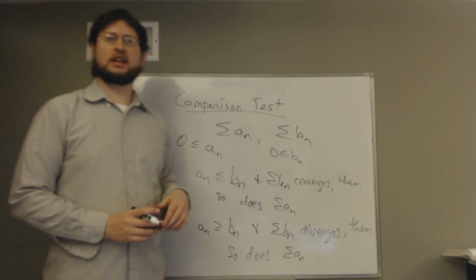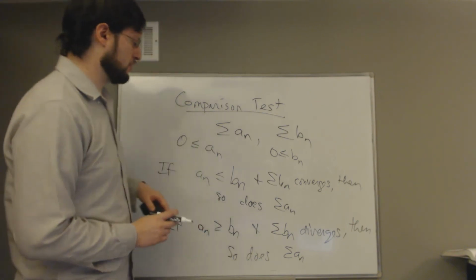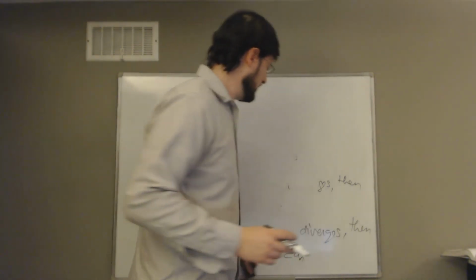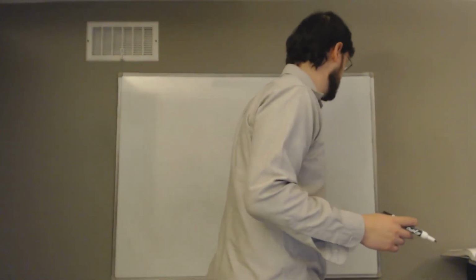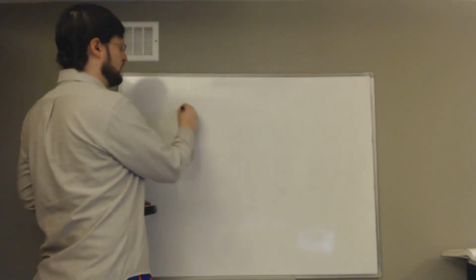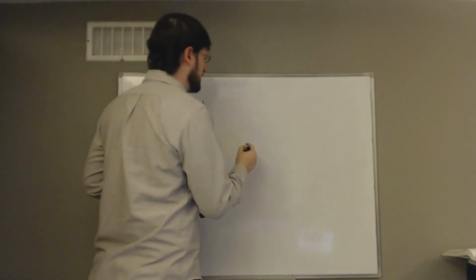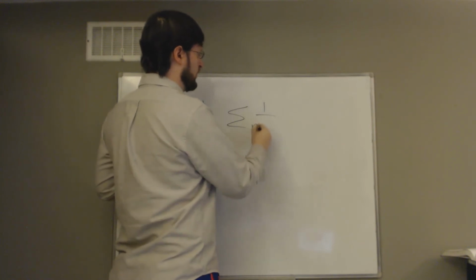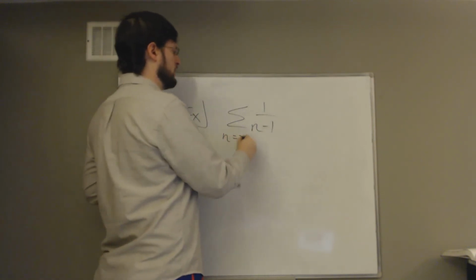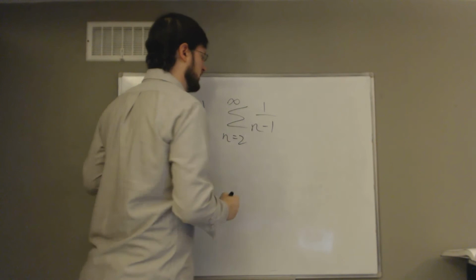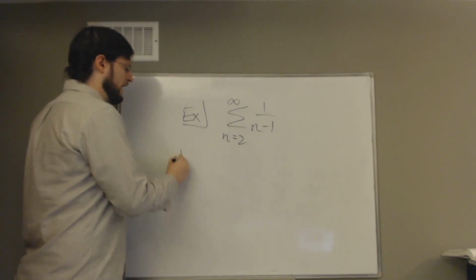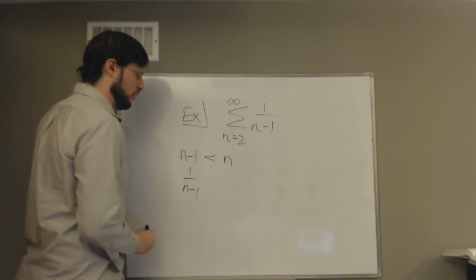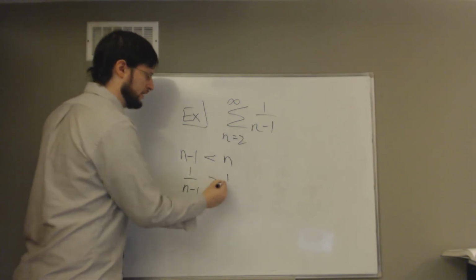So this is exactly like we saw when we talked about improper integrals. And this is good for a couple of situations. So for example, remember these. We saw something like this: the sum of 1 over n minus 1 from n equals 2 to infinity. Well, n minus 1 is actually less than n, so when I move to 1 over, the sign of the inequality flips.